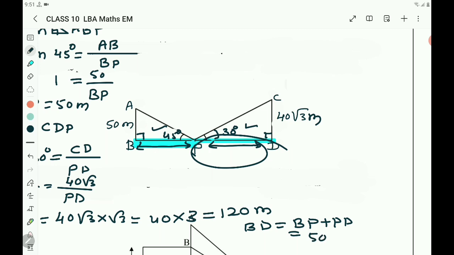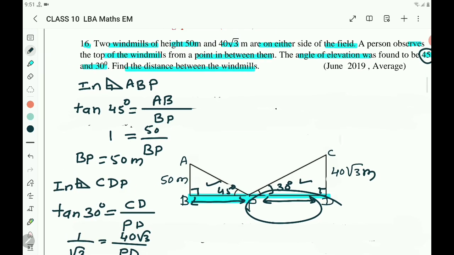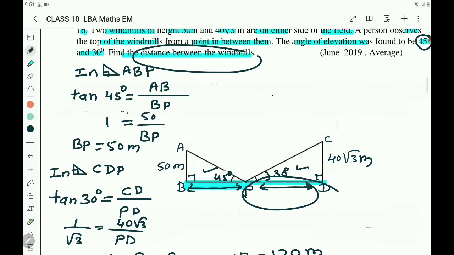BP is 50, PD is 120 equals what? 170 meter. Then you write in the sentence, the distance between the windmills is 170 meter. Write the answer at the end. What is the answer we have to write? The distance between the windmill is 170 meter.